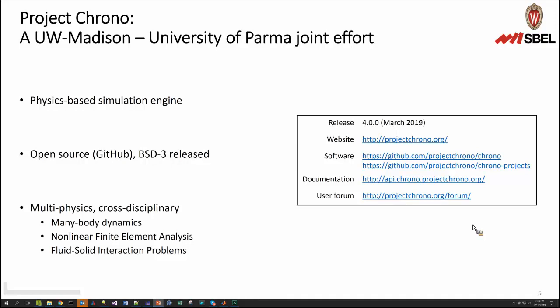It provides support for modern multi-dynamics. Specifically, you can simulate the time evolution of flexible body systems, and there is also support for fluid-soil interaction problems. At the right of the slide, I provided some information where you can learn more about this project in case you are interested in this simulation platform.